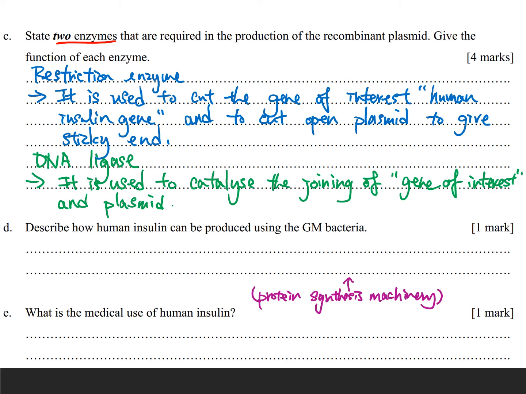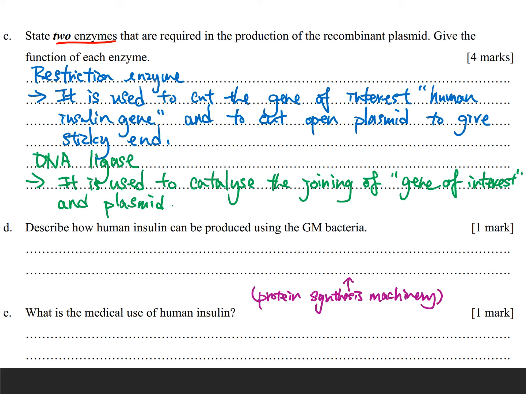And then question D, describe how the human insulin can be produced using the GM bacteria. After the human insulin gene goes into the bacteria, the bacteria will express the gene, using the bacteria's own machinery to produce this protein.